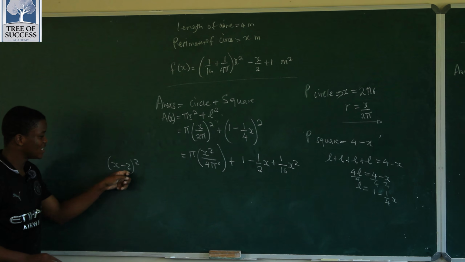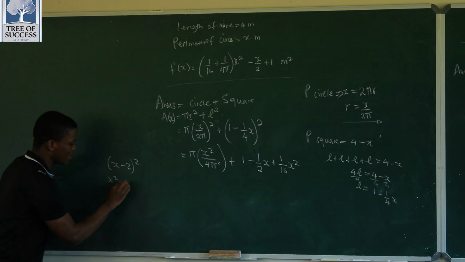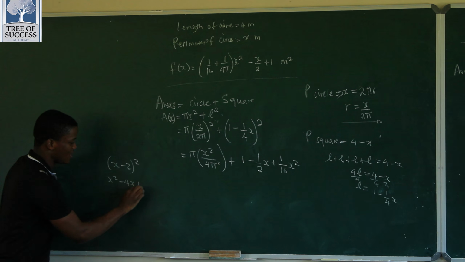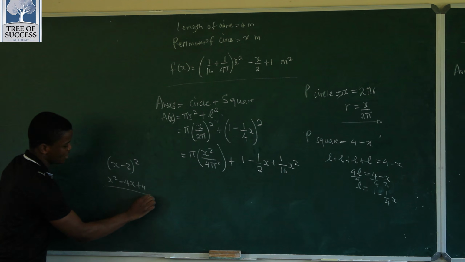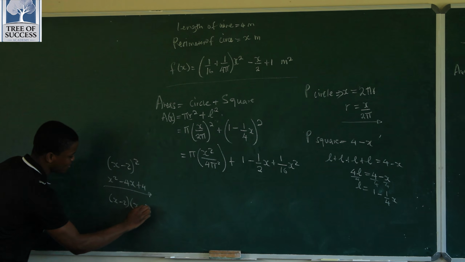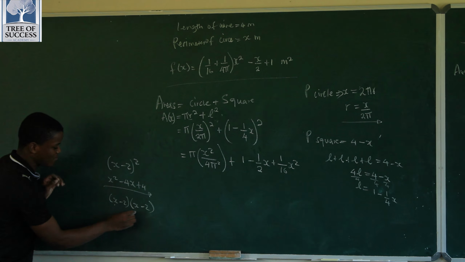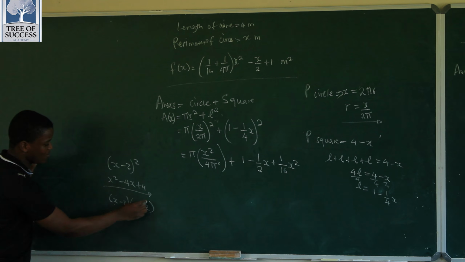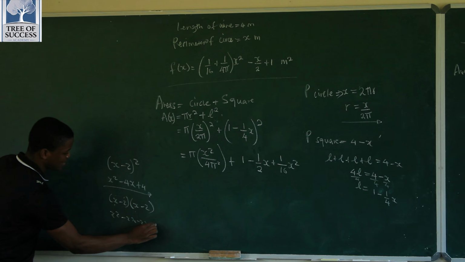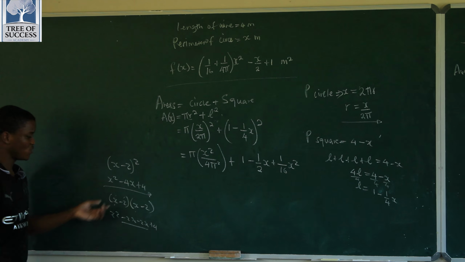Then x times negative 2 times 2 gives negative 4x. Negative 2 all squared is positive 4. It is the same as x minus 2 times x minus 2: x times x is x squared, x times negative 2 is minus 2x, minus 2x, plus 4. This sums up to negative 4x.